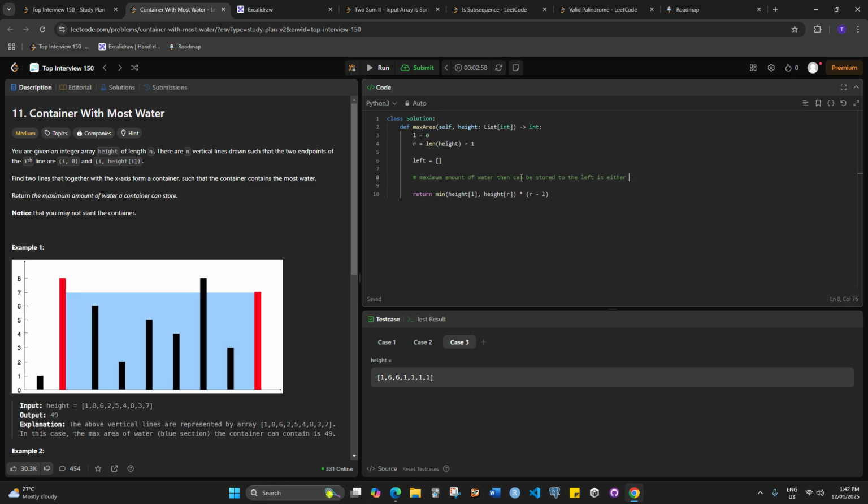just L minus 0 times height. It's always just going to be L minus 0 times height.